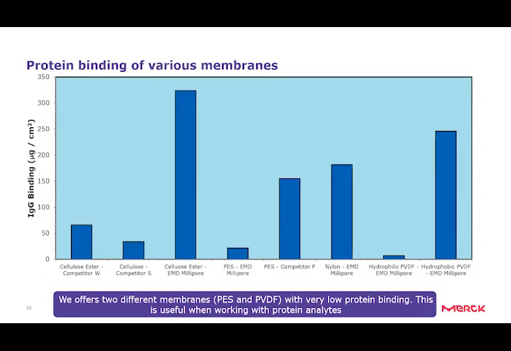Looking at membranes from different competitors, different membranes tend to show different levels of analyte binding, going from a very, very low level to a very high level. So especially for customers who are working with antibodies as their analytes, they need to take into account whether the membrane that they're using for filtration leads to any analyte binding for the proteins.